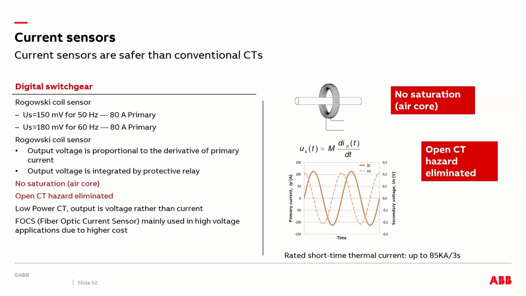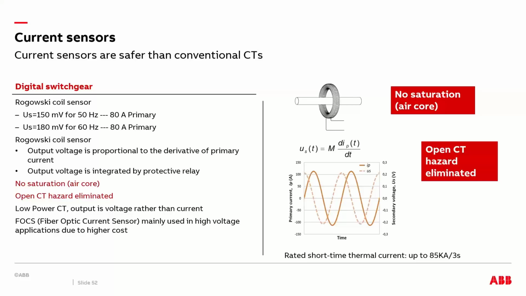Going on to a little bit about Rogowski sensors, we know that they work on the principle of mutual inductance, and the output is a voltage which is proportional to the derivative of the primary current. What that means is that your device should have an integrator, so that it can integrate the output into the secondary current. There is no magnetic core, so there is no saturation involved.